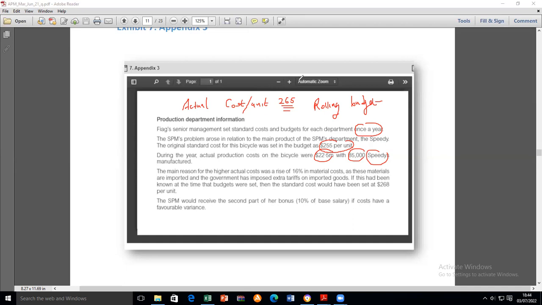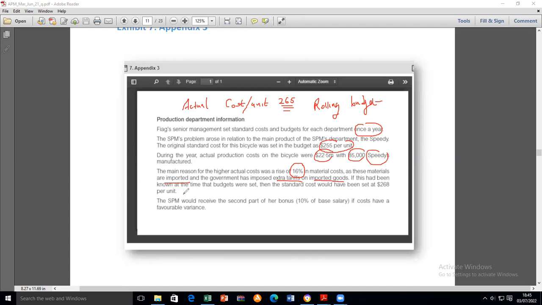Okay. The main reason for the higher actual cost was a rise of 16% in material costs, as these materials are imported and the government has imposed extra tariff on imported goods.